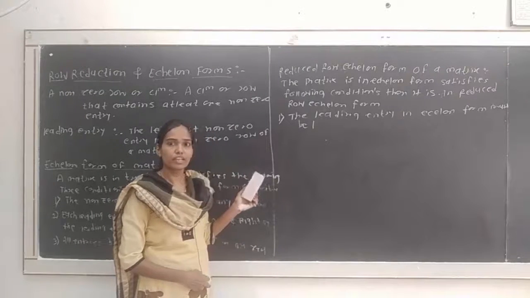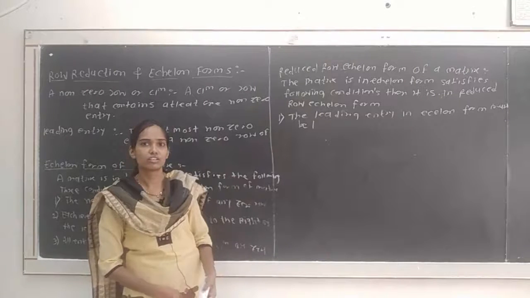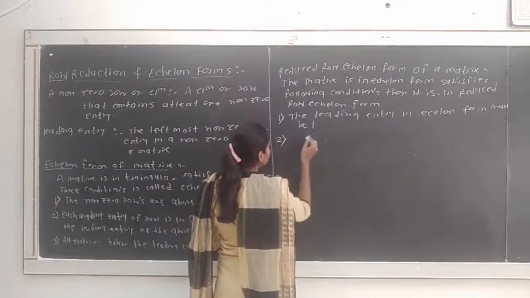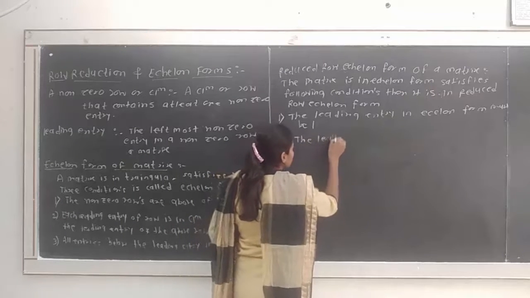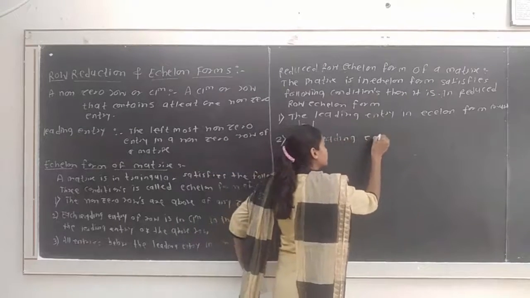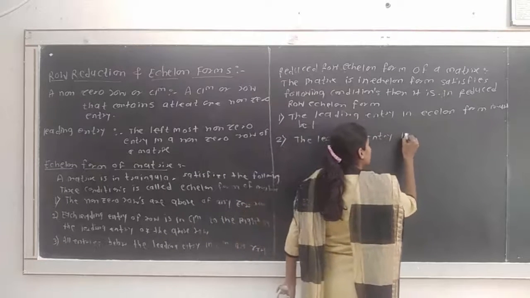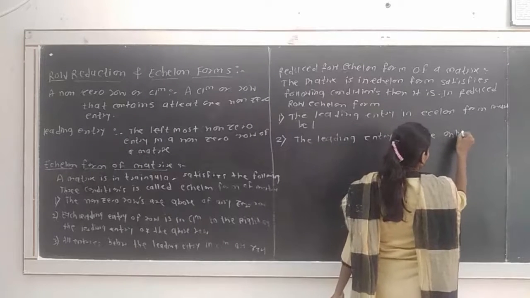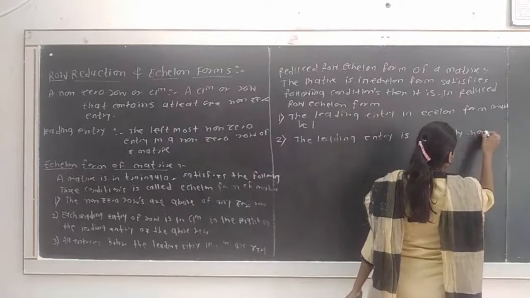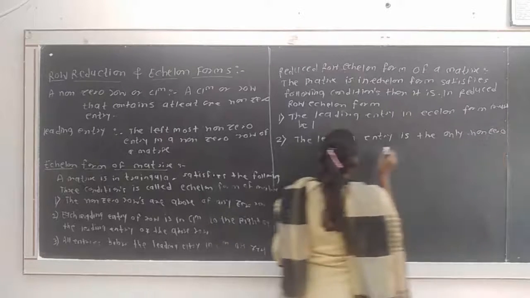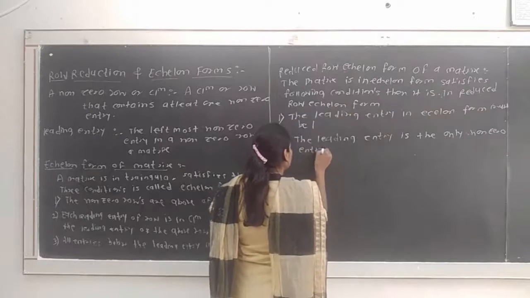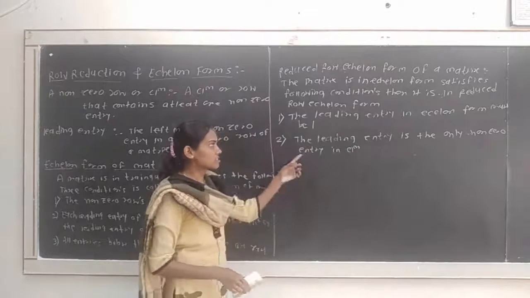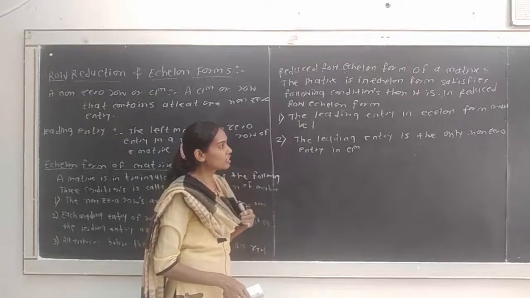In echelon form, the leading entry is either 1 or other than 1. Then the second condition is that the leading entry is the only non-zero entry in a column.